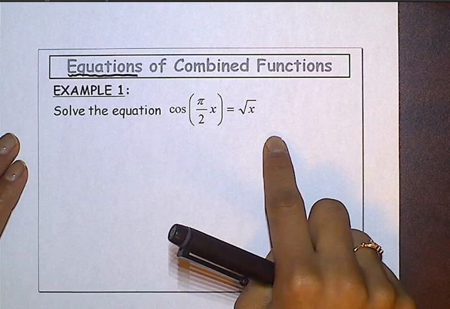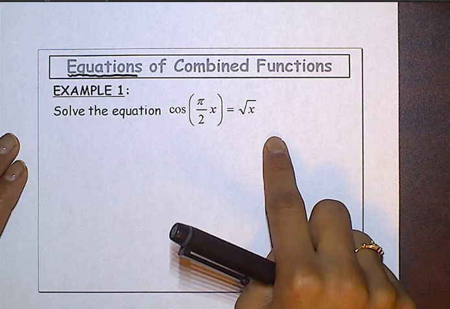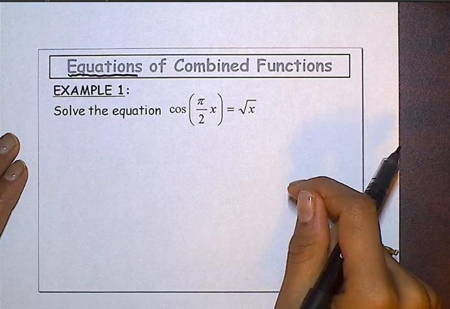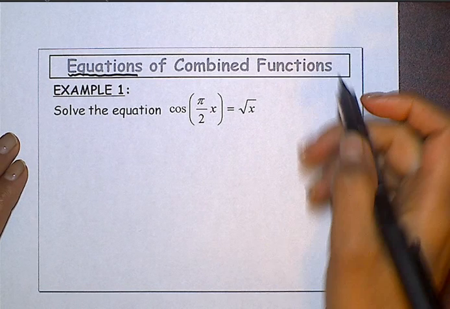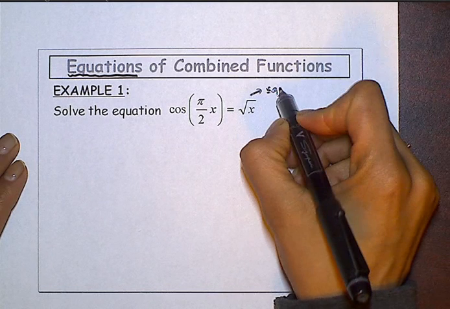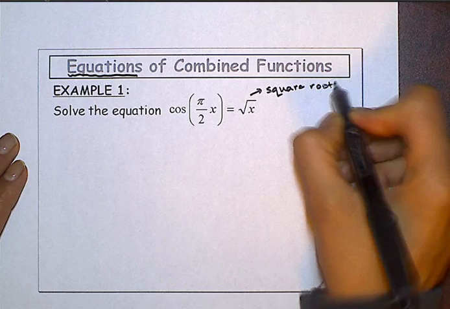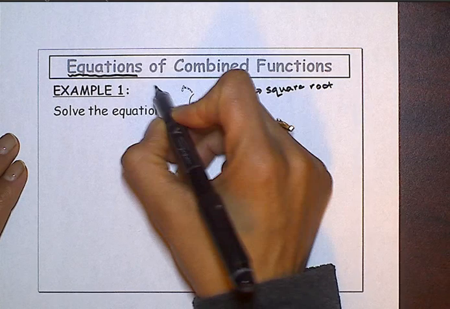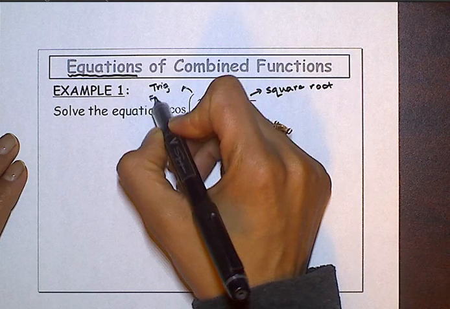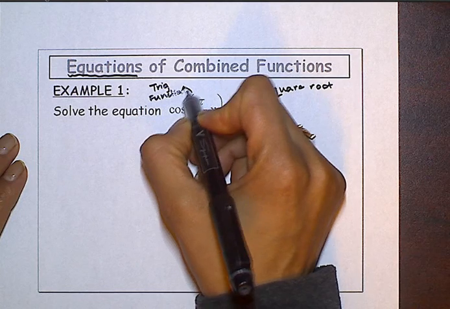I have a square root function here, and over here I have a trig function. Since I have two different types of functions, the best way to figure out the point of intersection is to graph both of those equations.